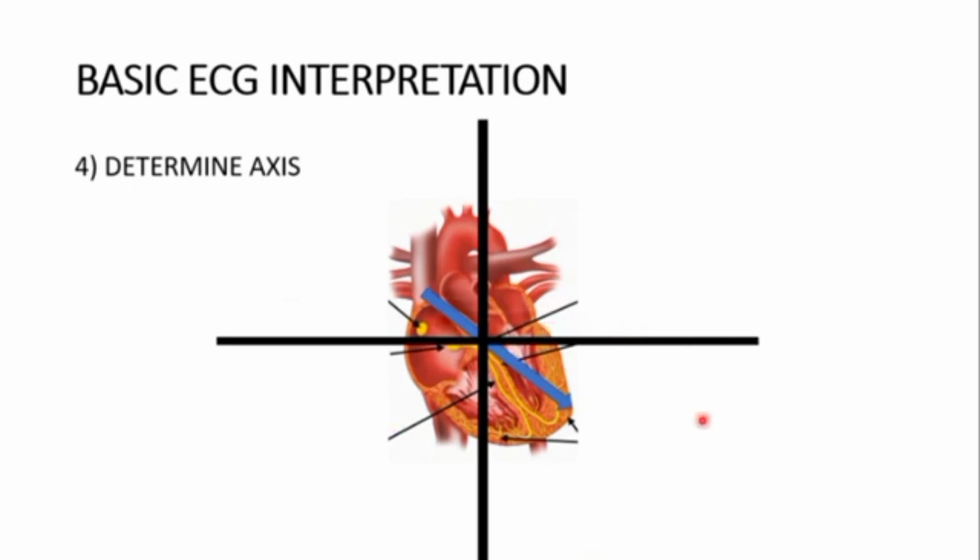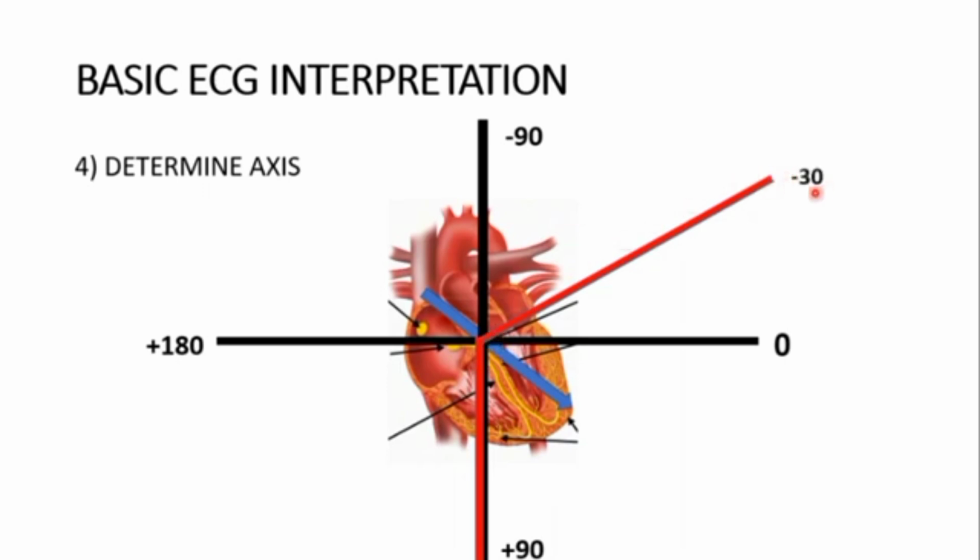If you have 4 quadrants, this wave is in this quadrant, so this must be normal. Let's mark the angles 0, 180, minus 90 and plus 90. The normal axis accepted is between minus 30 and plus 90. If the vector is between minus 30 and plus 90, it is a normal axis.